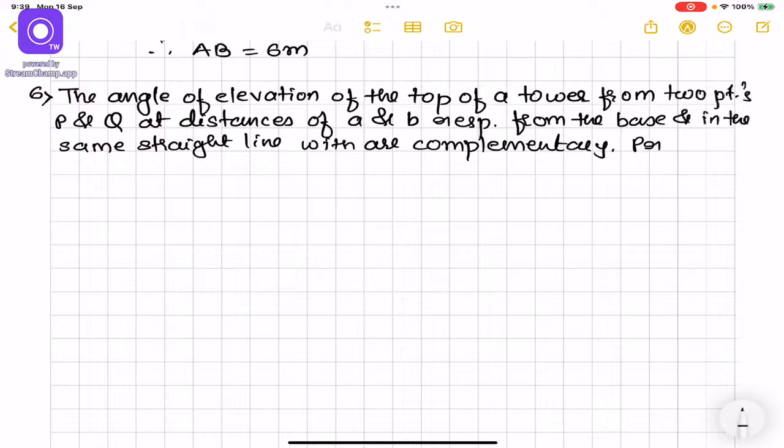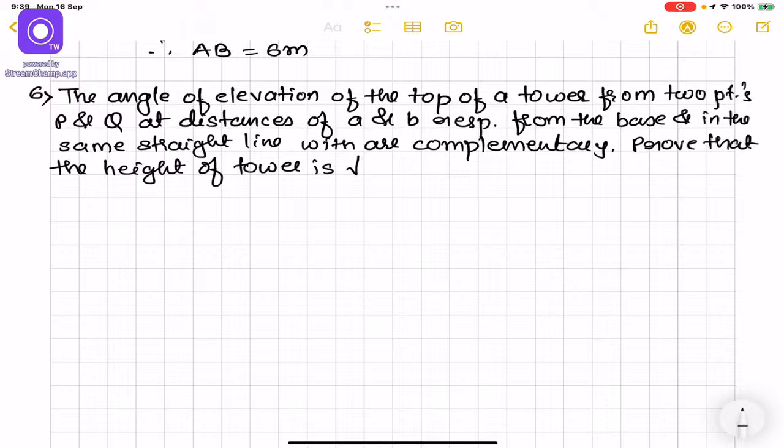Prove that the height of tower is root AB, where A is greater than B.